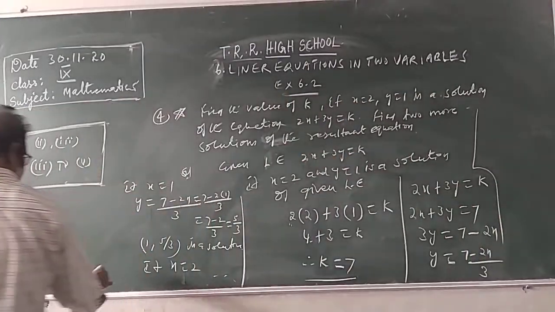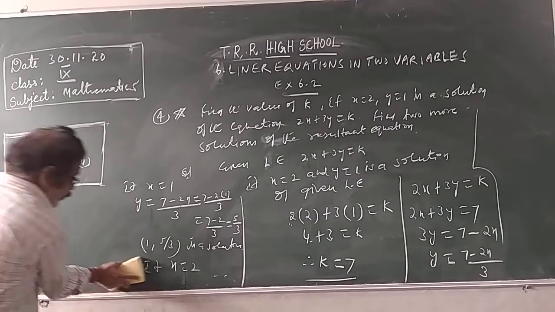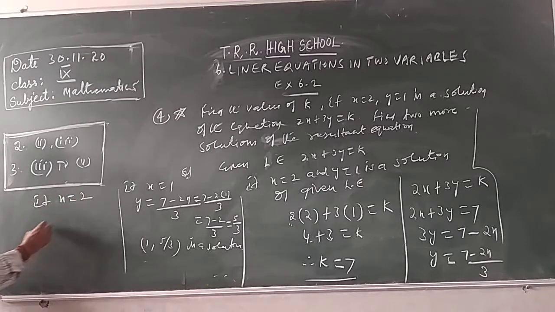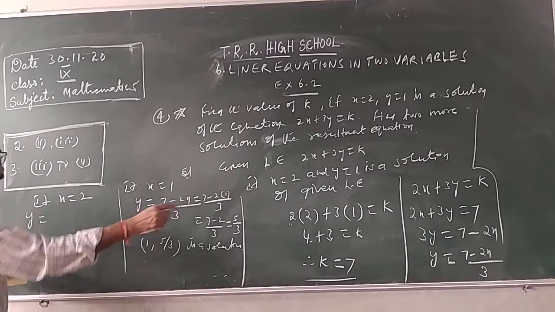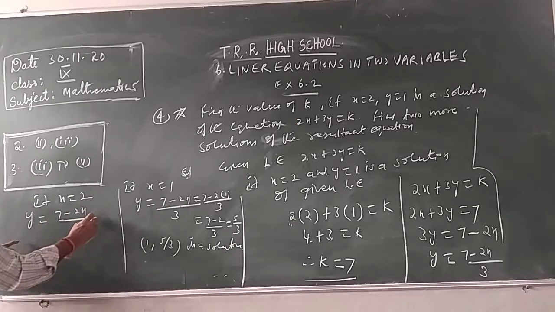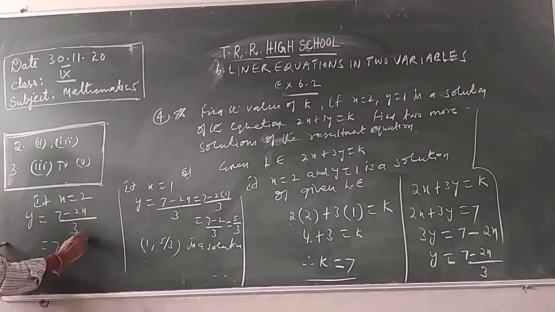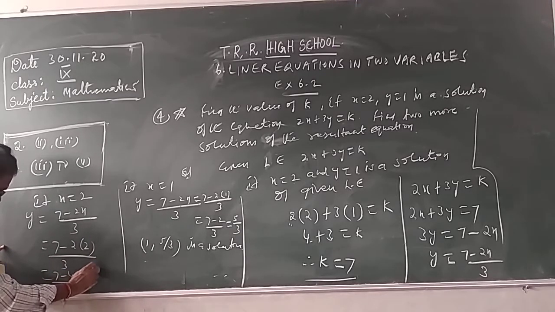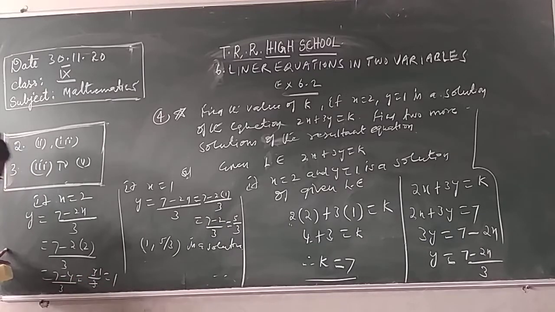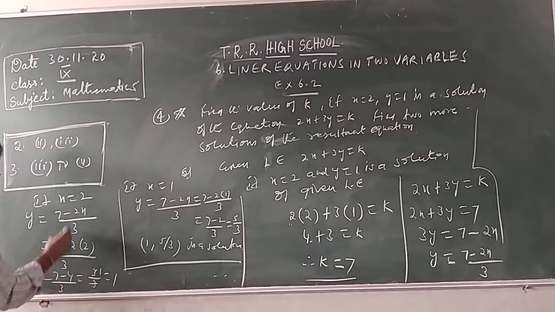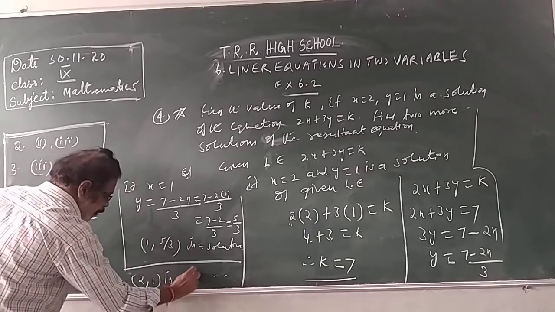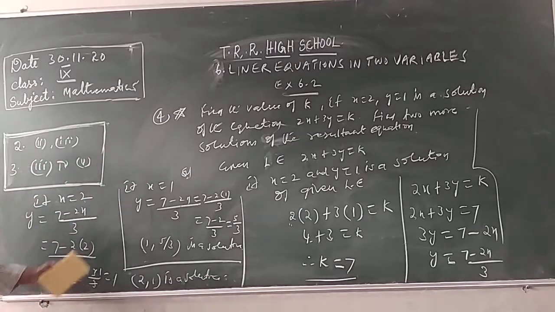Next, if x is equal to 2, what is the equation? y is equal to 7 minus 2x by 3. 7 minus 2 into x value 2 by 3. 2 into 2 is 4. 7 minus 4 is 3 by 3. So if x is equal to 2, y is equal to how much? 1. So x is equal to 2, y is 1. (2, 1) is a solution. We got 2 more solutions.